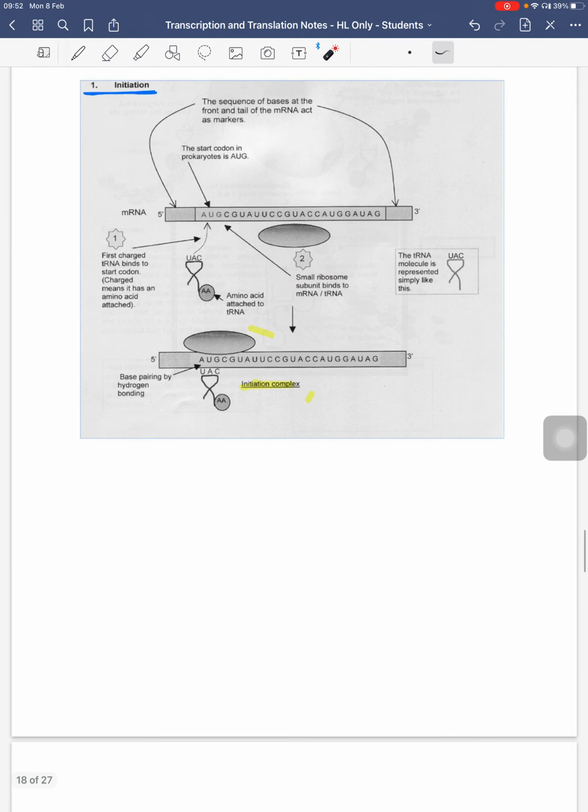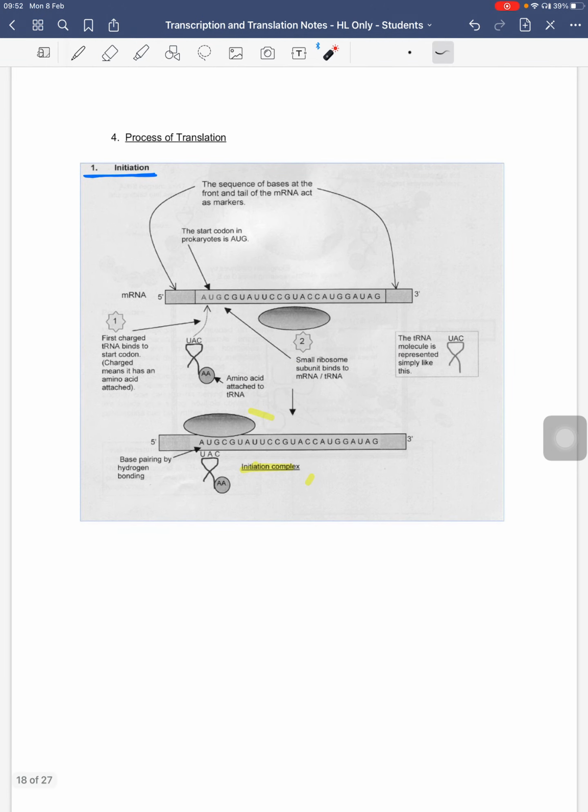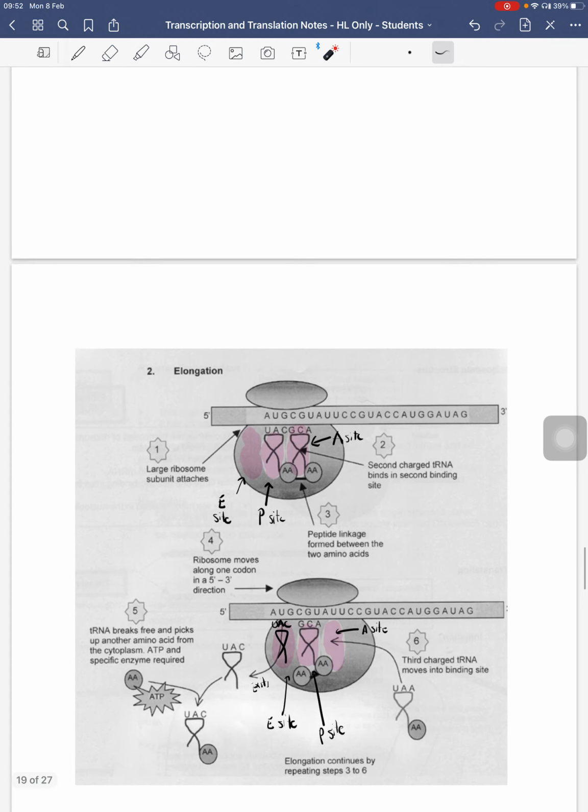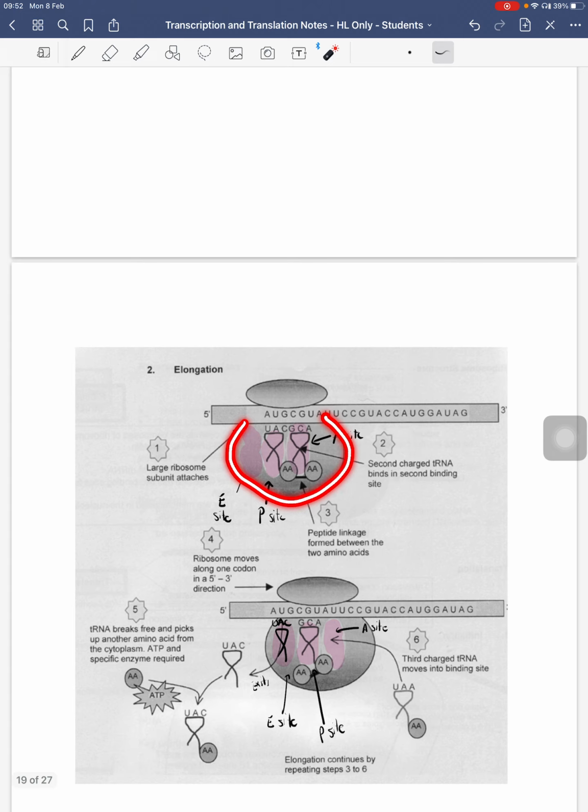Okay, so just a quick reiteration. The first tRNA molecule, this is methionine, binds to the start area. The small ribosomal subunit also binds to that. That forms the initiation complex. Then the large subunit comes in.